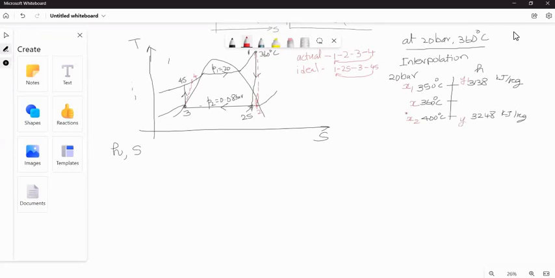This side y2, but the y value you have to find out. From mathematical interpolation, you can write (y minus y1) upon (x minus x1) is equal to (y2 minus y1) upon (x2 minus x1). That actually you know. Then I will write directly the equation for the y value.